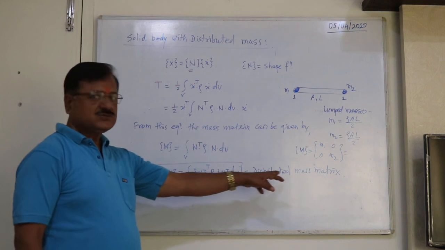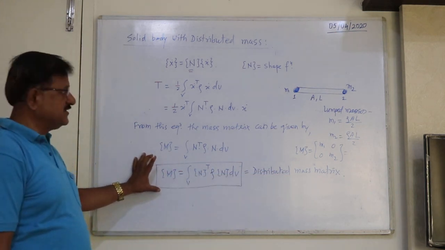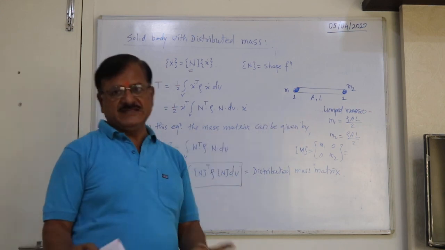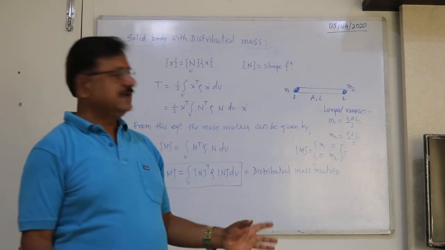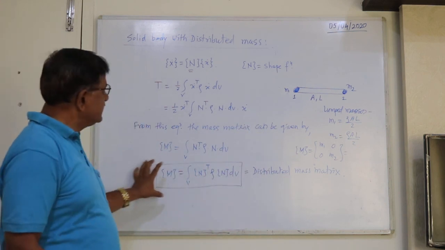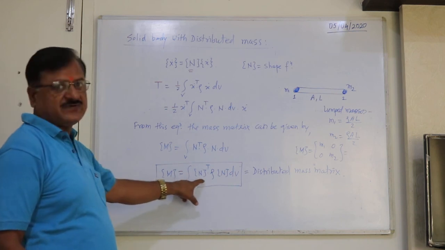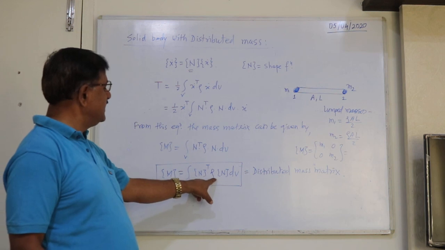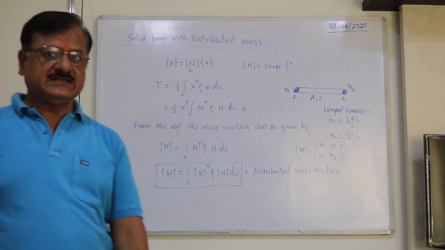However, in order to calculate the distributed mass matrix, we have to use this expression. So in a lumped mass matrix, simply the masses are lumped at the nodes equally, and then we can write down the mass matrix very easily. However, in case of a distributed mass matrix, we have to calculate by using this formula, integration over the entire volume, transpose of shape functions into density into again shape function.